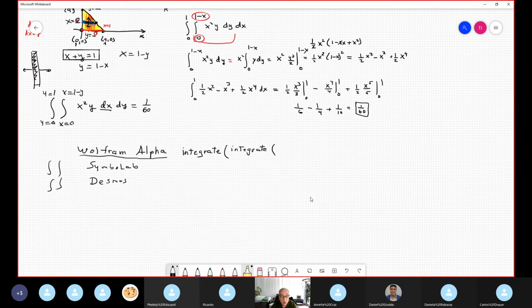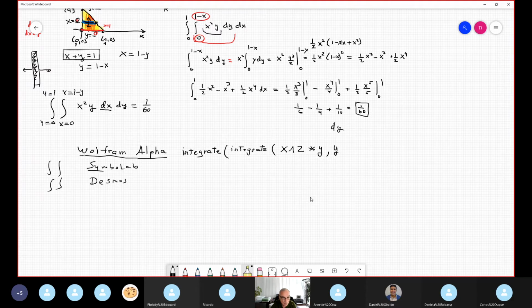Now you copy, for example, the integrand function. Our example is x squared times y, comma. Suppose I decide to integrate with respect to y first, so you put comma y. This is similar to saying dy.